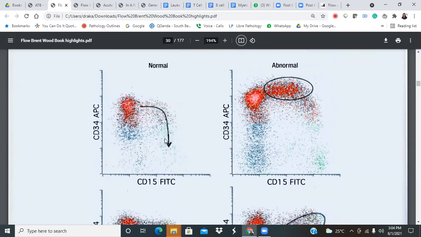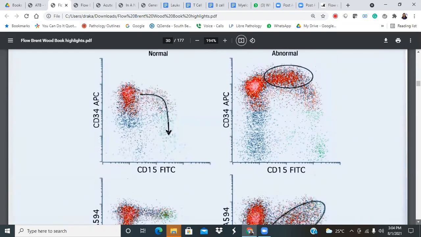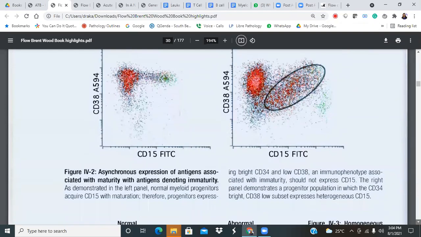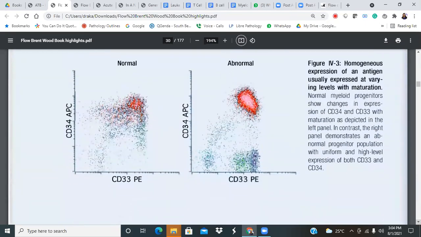So normal over here has this variability of expression, but the abnormal has CD34 as well as CD15, a blob that is sitting over here that we were talking about, that doesn't make any sense. So again, the normal has variable expression of 34, variable expression of 33, but the abnormal will be a blob sitting with bright 34, bright 33, and so forth.